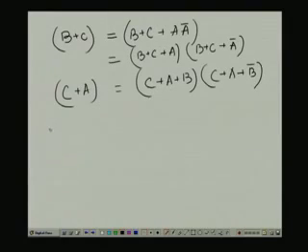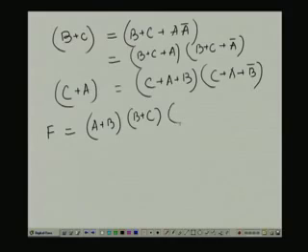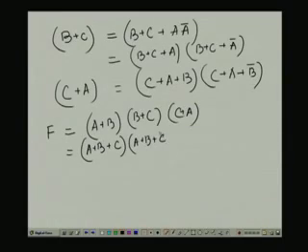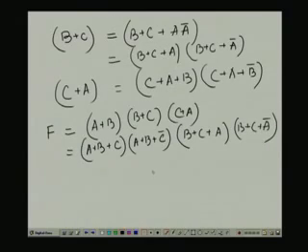Now my F will be (A + B)(B + C)(C + A), which becomes (A + B + C)(A + B + C bar) for the first term; (B + C + A)(B + C + A bar) for the second term; and (C + A + B)(C + A + B bar) for the third term.